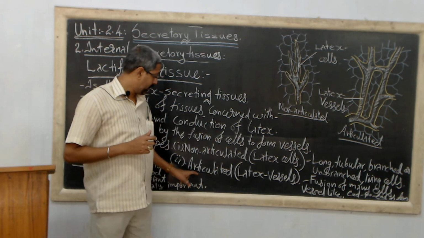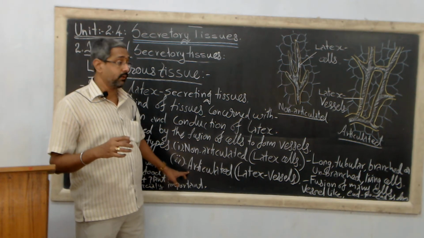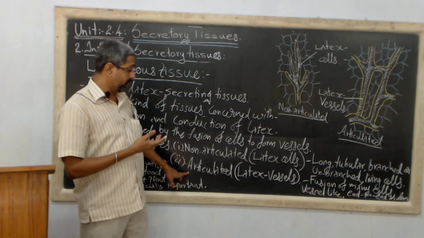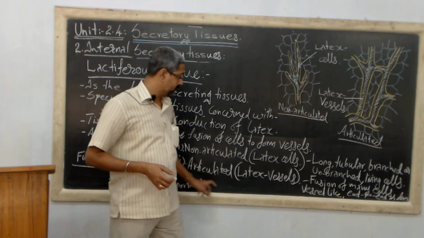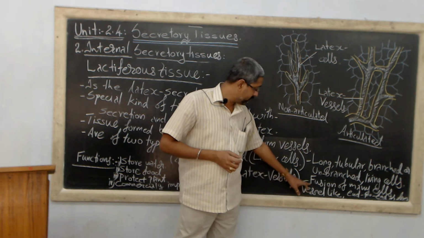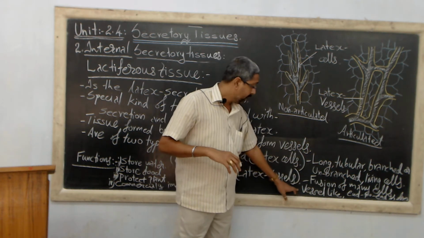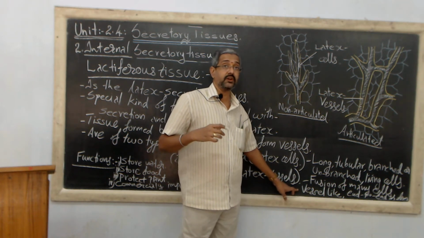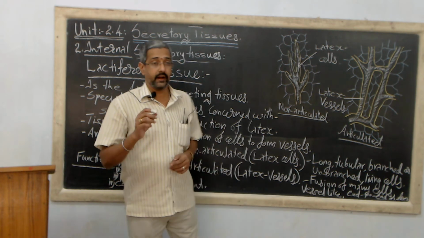Here the nature of arrangement of cells is somewhat different from the previous one. That is, the articulated laticiferous tissue is formed by the fusion of many cells, which form a vessel-like structure and show end-to-end connection also.